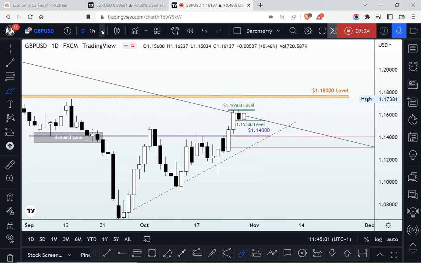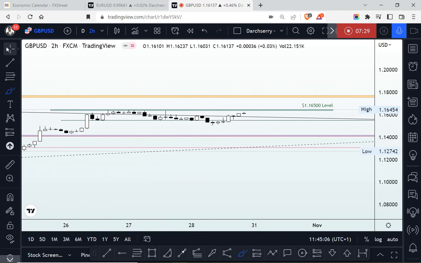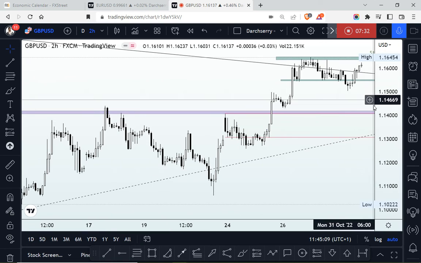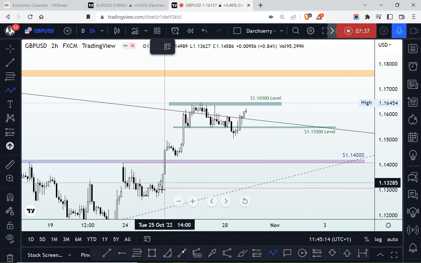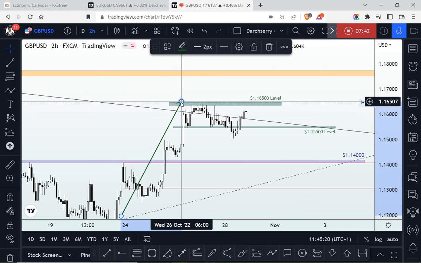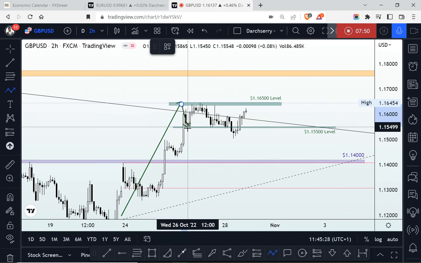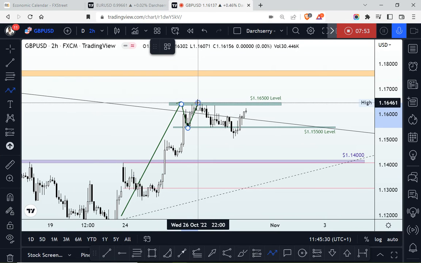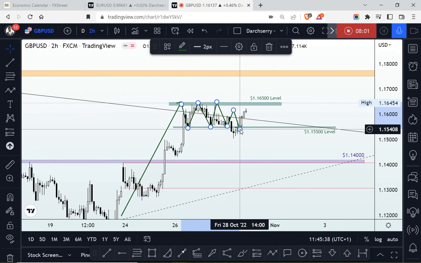So scaling down to a much lower time frame, let's say the 2 hours time frame here on the GBPUSD, one thing we observed right around the bearish trend line that we identified on the daily time frame is that following the impulsive move that took price out of the 1.1400 level, as soon as price got into the 1.1650 area, price was caught within a consolidation phase between the 1.1650 and the 1.1550 area, to emphasize the indecision in this market.